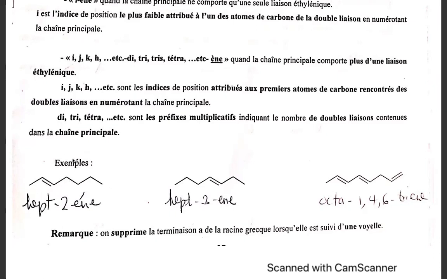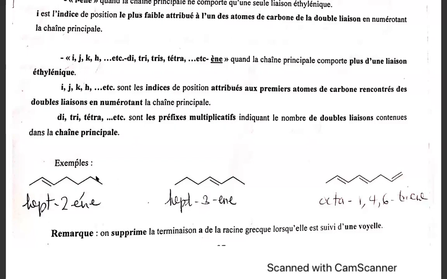Then later on, you are going to give the position of the substituent. Now, in a case where you only have an open chain like this one, you only look for the position of the double bond. Now, the double bond in this case is found at position number 2. So when you count, it's the same rule. You count from this side and you also count from the other side.